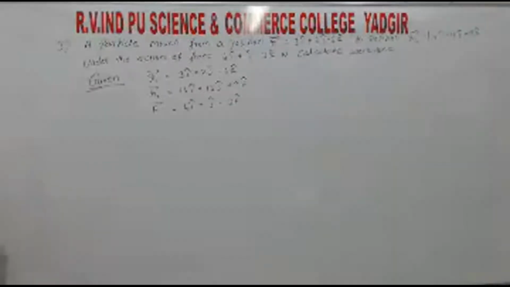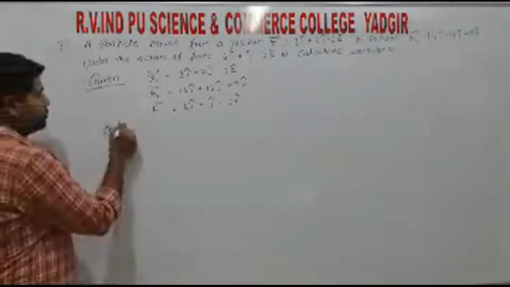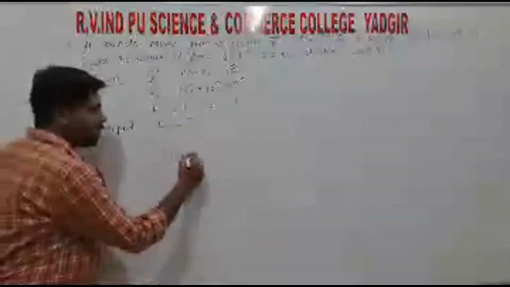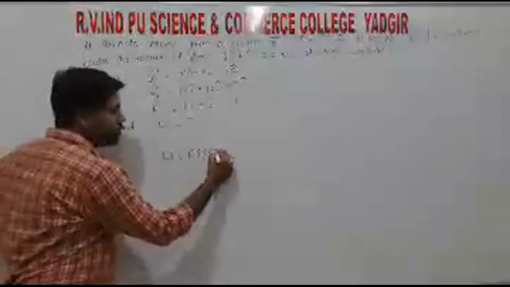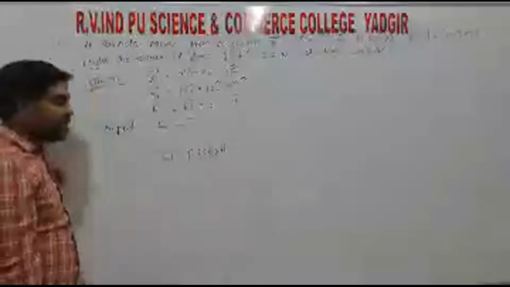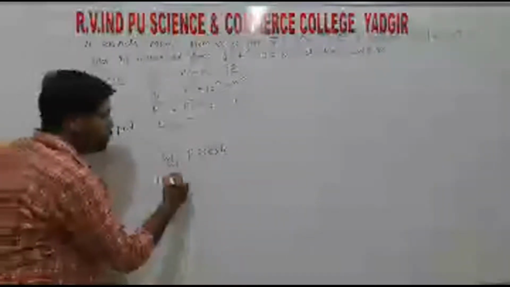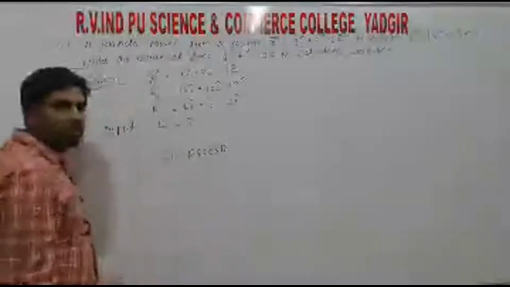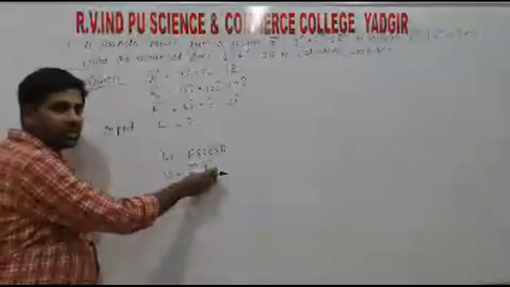So we need to calculate the work done W, right? The formula we have is work done W is equal to Fs cos theta. Fs cos theta is the definition of the scalar product or dot product, so we can write F dot S. F is the force, S is the displacement.